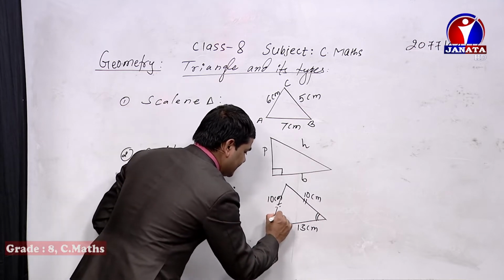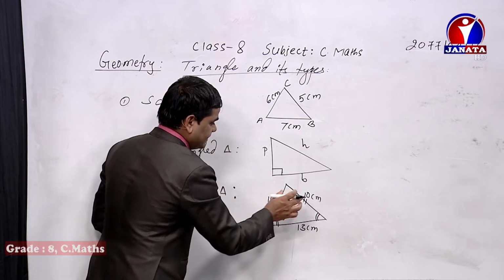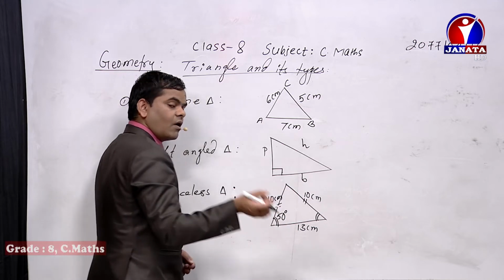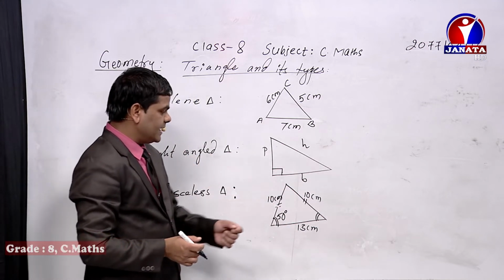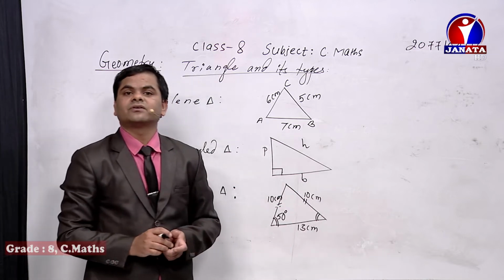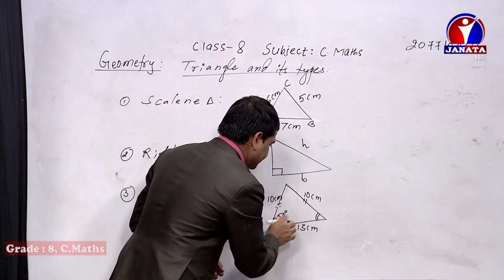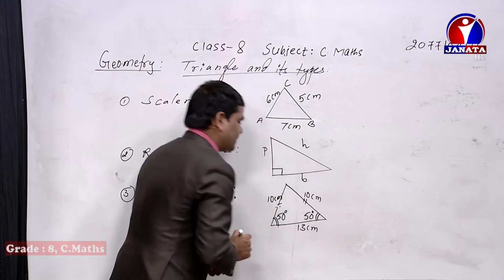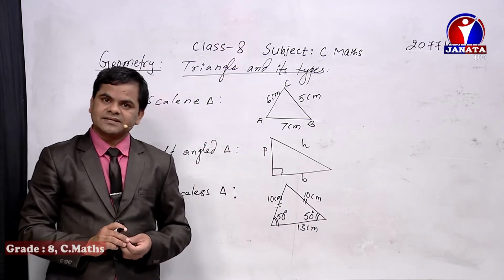For example, if it is 50 degree and the two sides are equal, then 100% accurately the other angle just opposite to the other equal side also becomes 50 degree, and this type of triangle is known as an isosceles triangle.